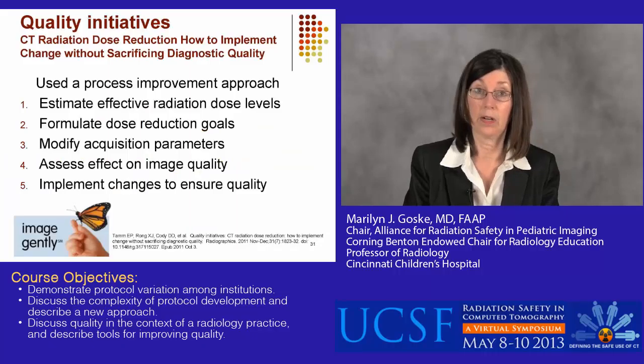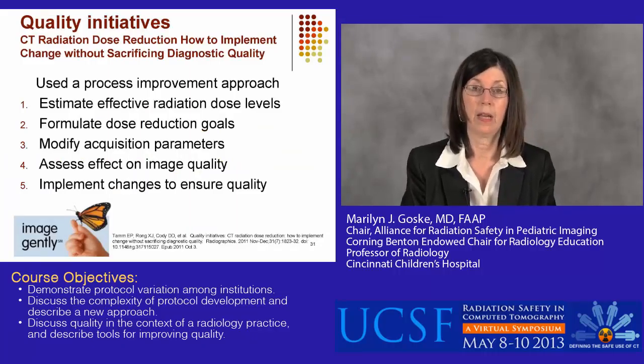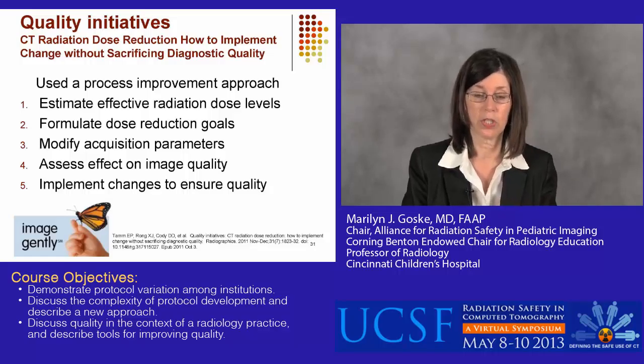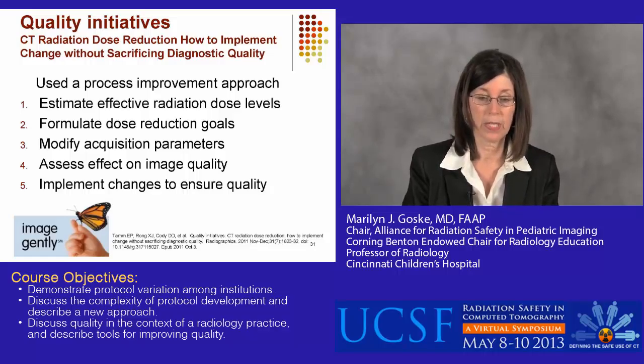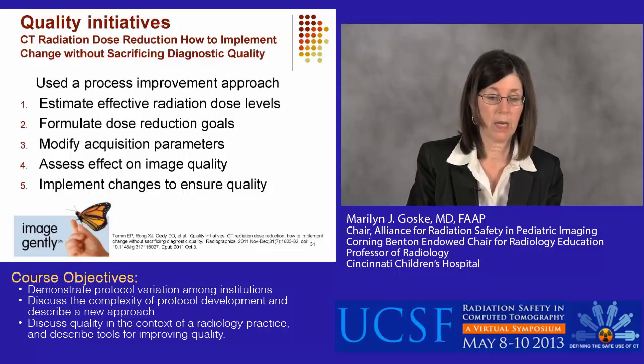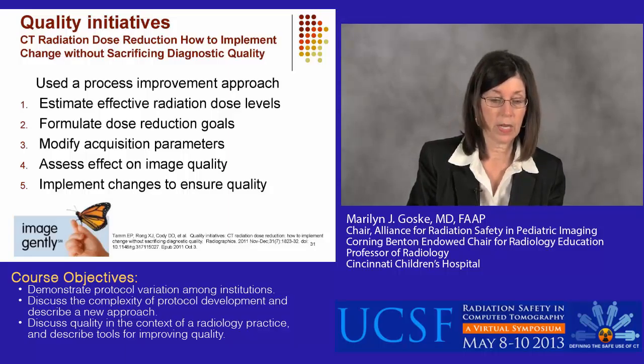This is another article on this next slide that talks about a quality improvement approach to developing protocols. And I thought this was also very helpful because it reminds us that these should not be happenstance or haphazard, but there should be a process when looking at protocols and trying to monitor them for safety standards.